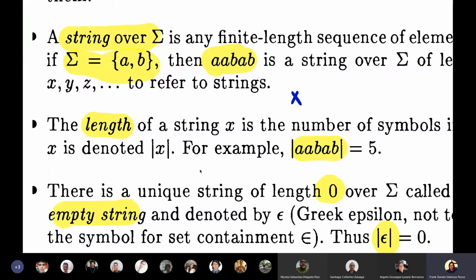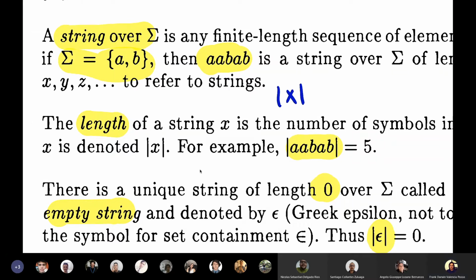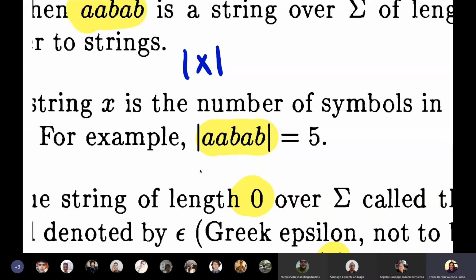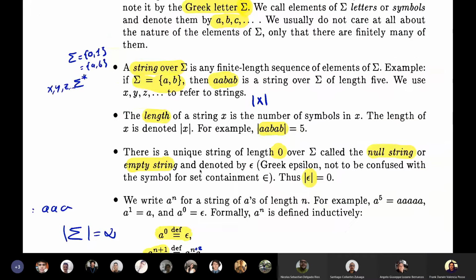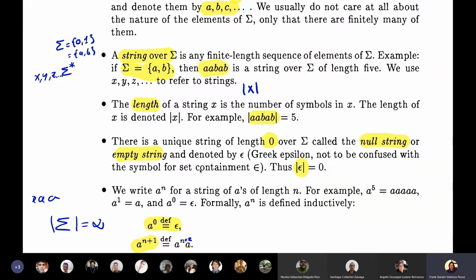The length of a string x is denoted like this. So the length of the string aabba is 5. There is only one sequence or string of length 0.